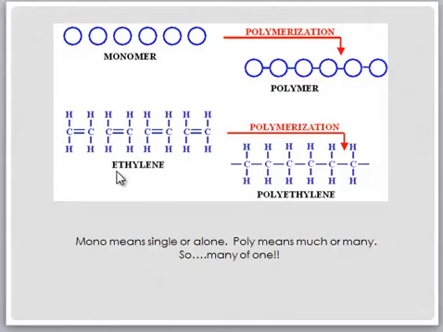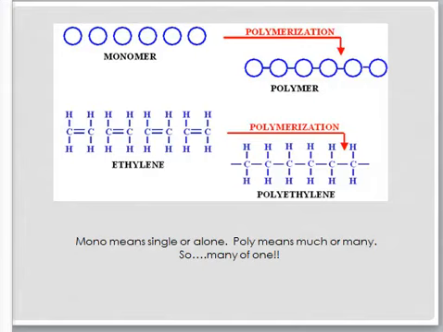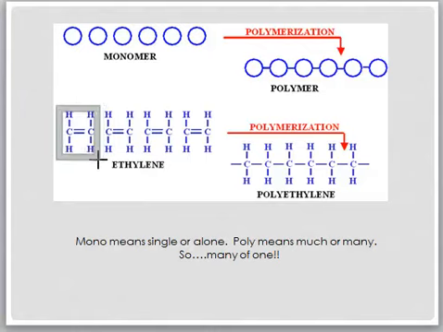All right, so you can see in each one of these individual, let me circle that for you so you can see that. So here is one. All right, that is one, and it's represented 4 different times, okay? Polymerization happens, and we get polyethylene.